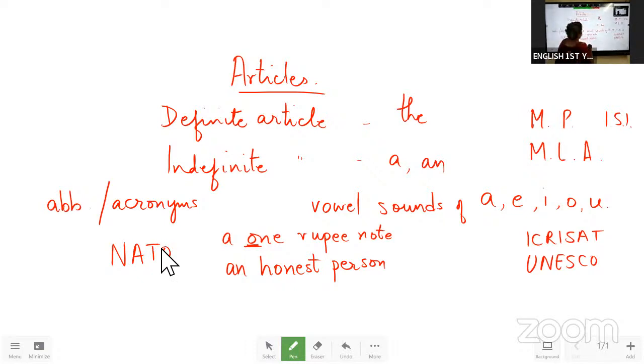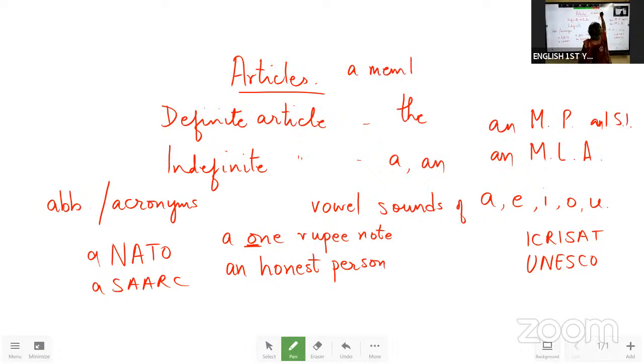You write a SAARC country. You don't say an. But here you write, even though it is a consonant, an MP, an MLA, an ISI mark. But when you pronounce, what does MP stand for? Member of Parliament. When you write a member of Parliament, then you don't use an, but a member of Parliament.